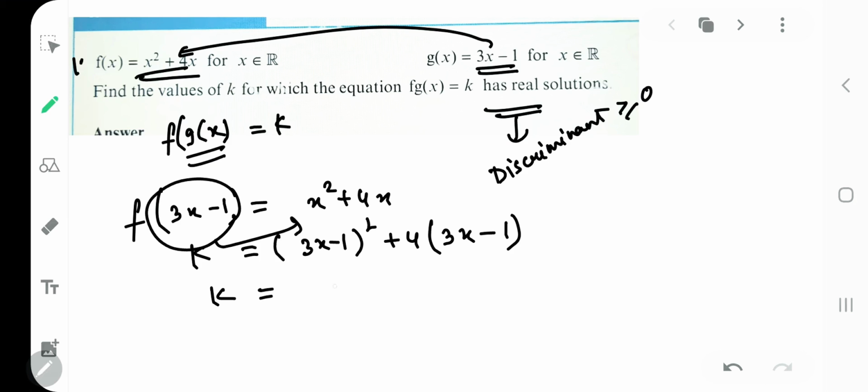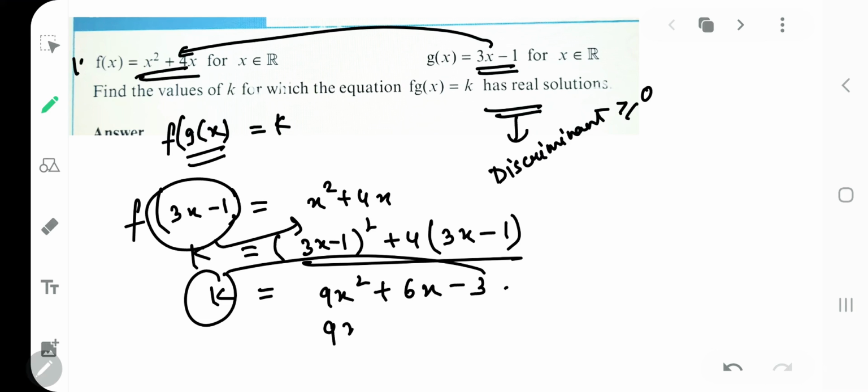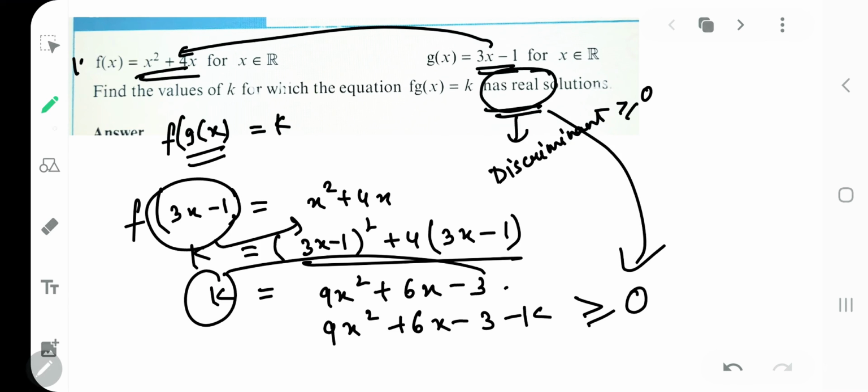Once you open up this bracket, you will get something like this. Once you have this, you have to find the value of k. I'll take this k on this side and it will become 9x square plus 6x minus 3 minus k. Now you have to take this as greater than or equal to 0 because it is said that it has real solutions. Is that clear, my dear kids?